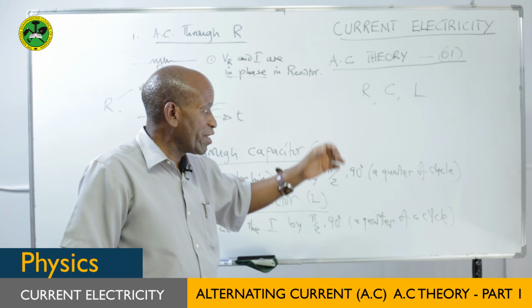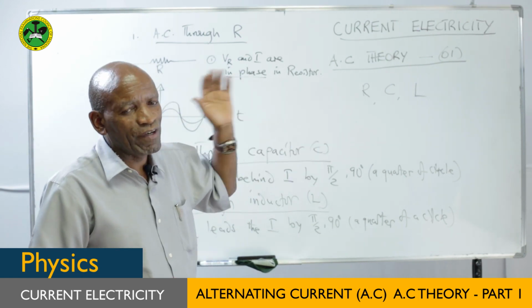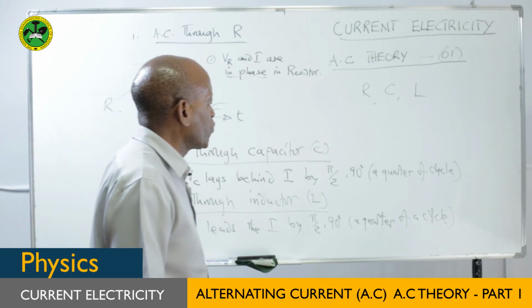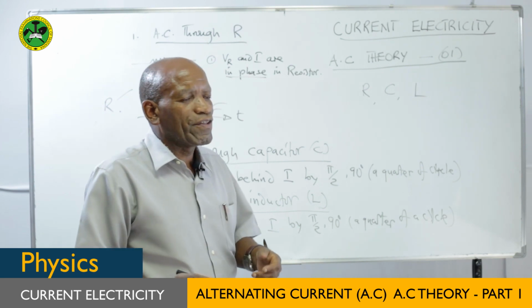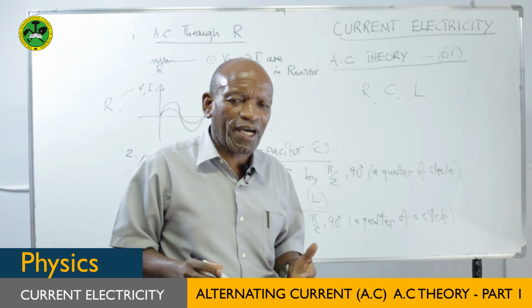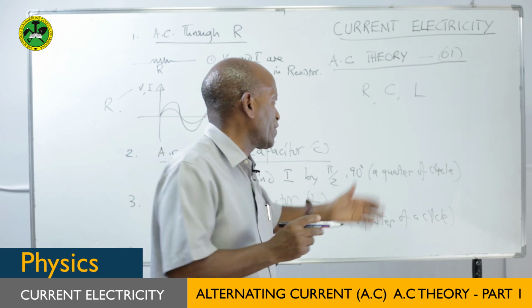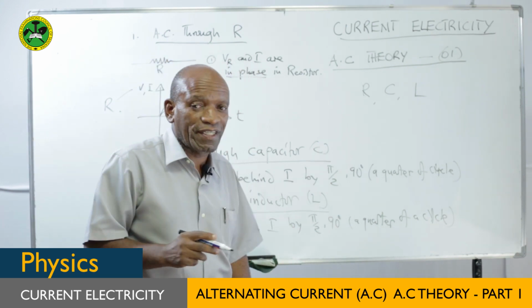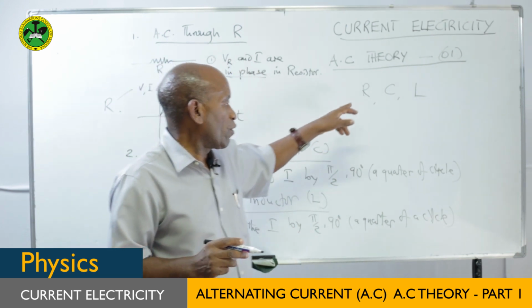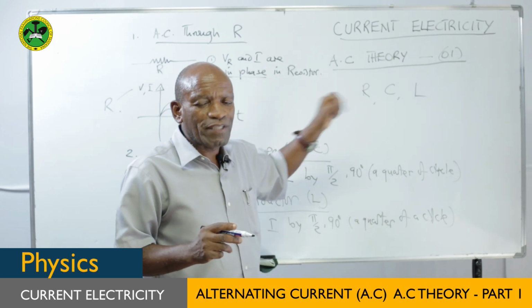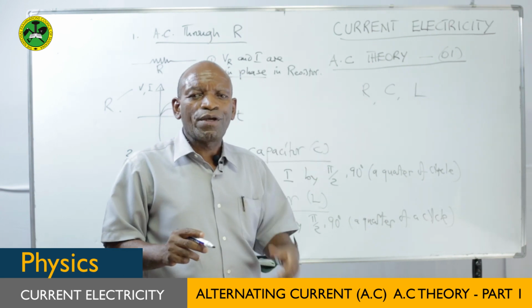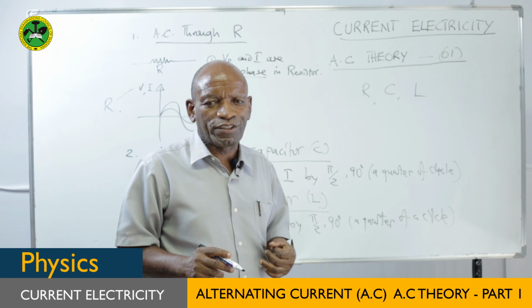But before looking at that kind of arrangement, we really need to see the behavior of the current whenever it's made to pass through these three circuit elements. First of all, whenever a current is passing through a resistor, there is power which will be dissipated through it.